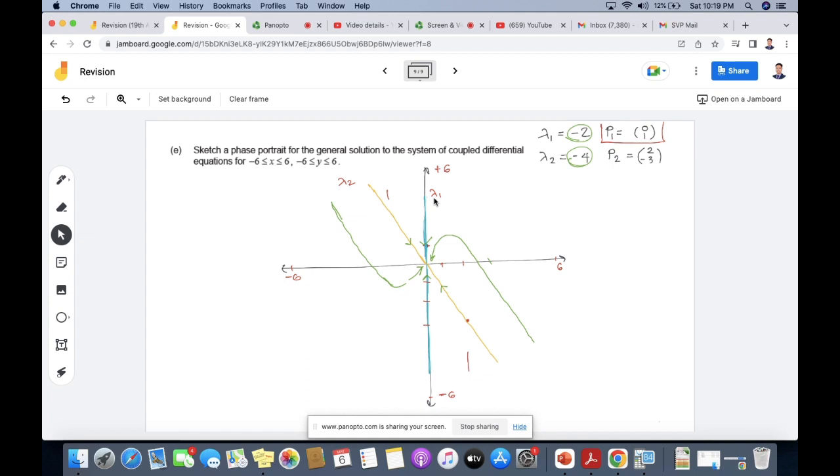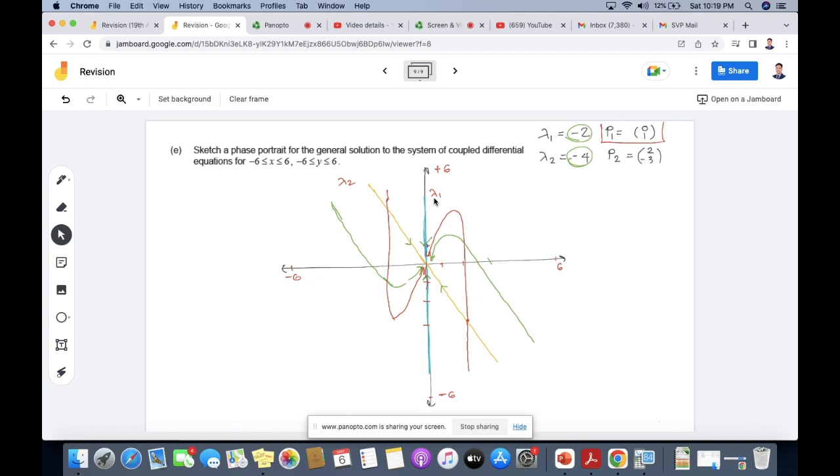Okay, so it's like it goes up and then goes back here, goes down and then goes back. Goes back here as well.